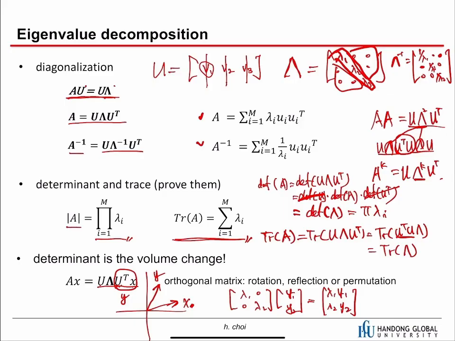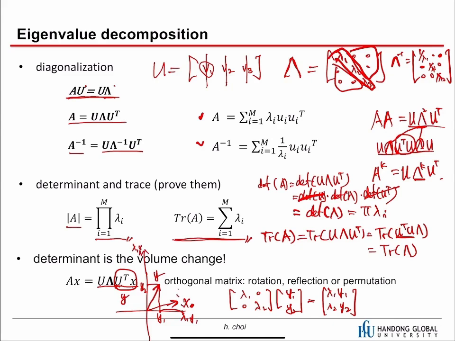If we multiply this, we get lambda 1 y1 and lambda 2 y2. After multiplying by lambda 1 and lambda 2, we change the scale. Y has y1 and y2, and by multiplying lambda 1 and lambda 2, we actually get lambda 1 y1 and lambda 2 y2.